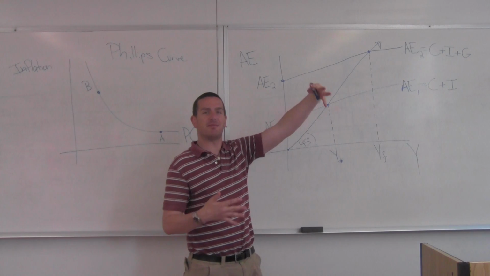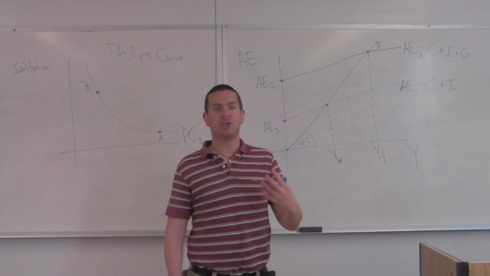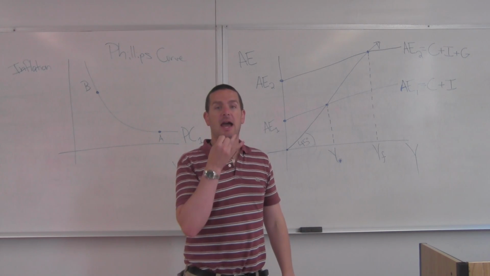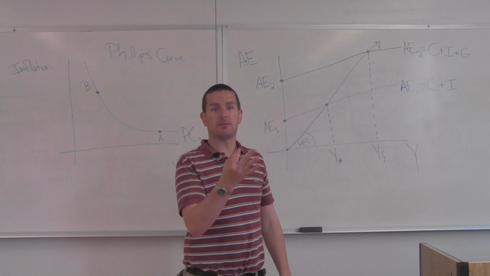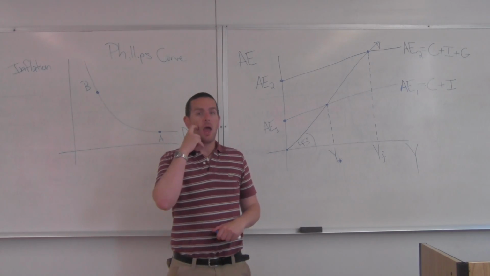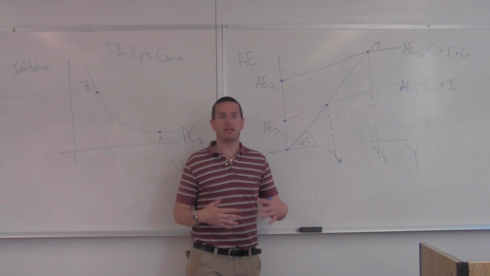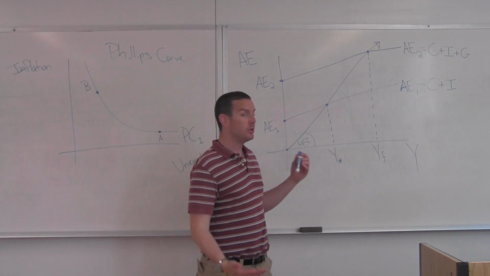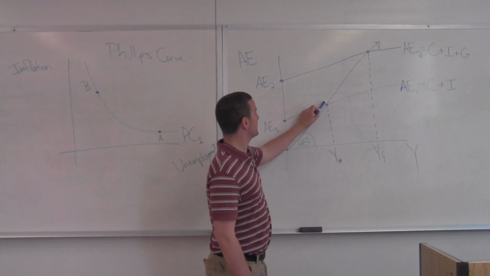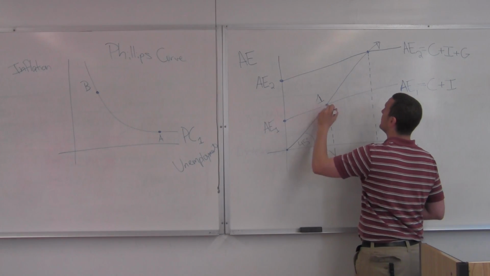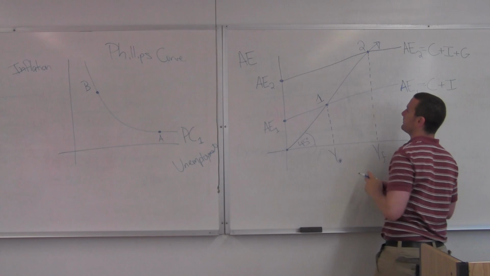We could raise the level of expenditure to AE2 by having consumption and investment, and then the government could spend, allowing the government to intervene in the economy. And when they intervene, their increased level of spending could raise the economy from point 1 to point 2.